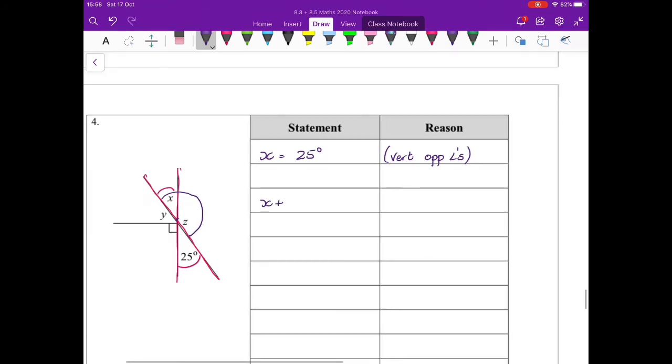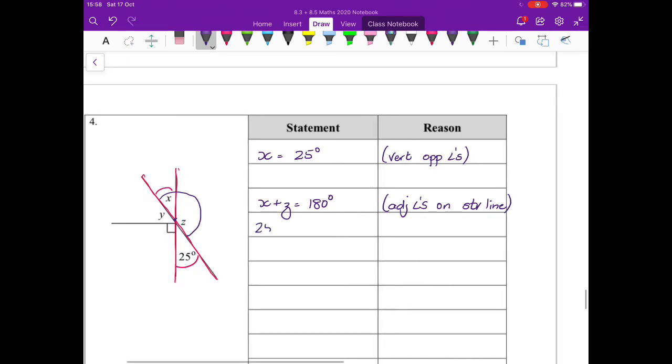Reason: adjacent angles on a straight line. I now fill in. So 25 plus z equals 180 degrees.